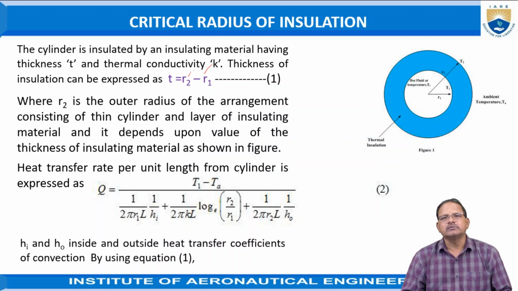So the heat transfer rate per unit length of the cylinder is given by the magnitude of heat energy flowing by the conduction process as well as the convection process.